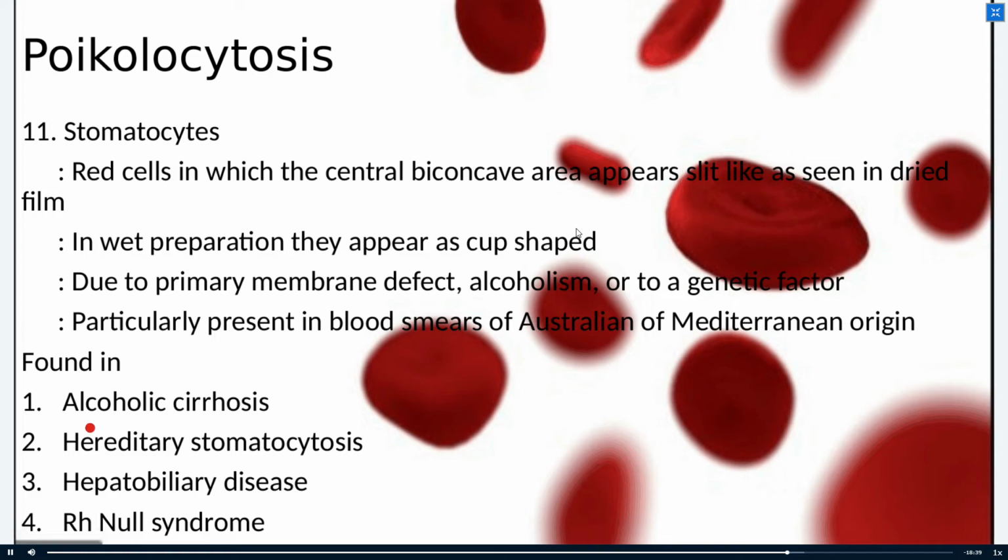Found in alcoholic cirrhosis, hereditary stomatocytosis, hepatobiliary disease, and the so-called RH null syndrome.